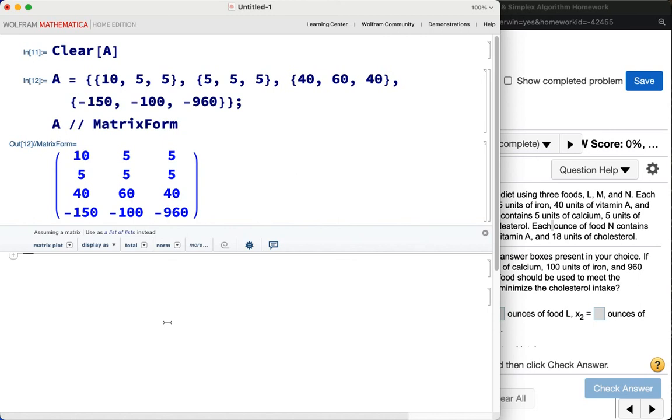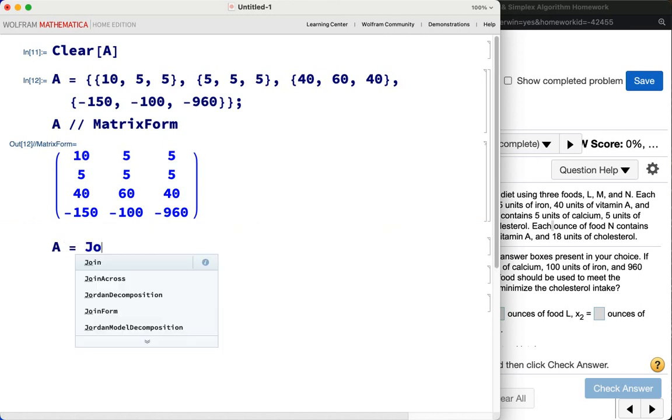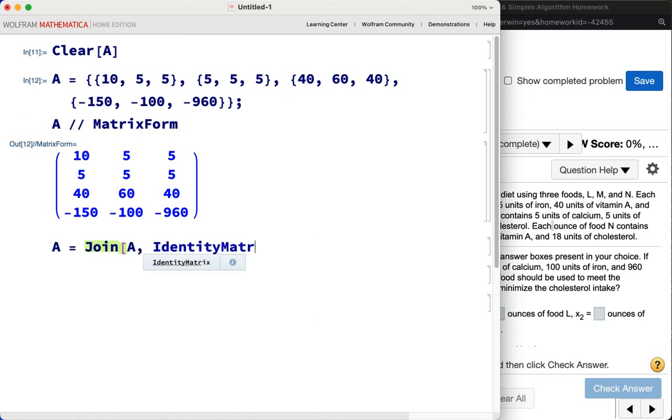Okay, let's try that. A is equal to join A identity matrix 3. I wonder if I could do it all at the same time. I'm not sure. Maybe. So join A identity matrix 3. We can try it.